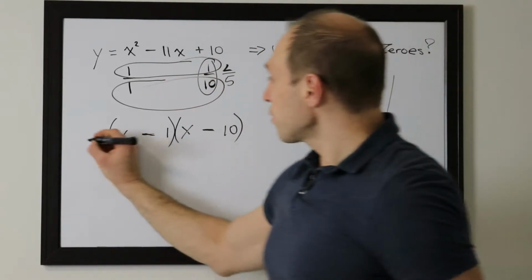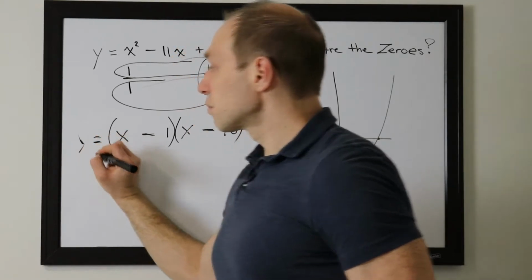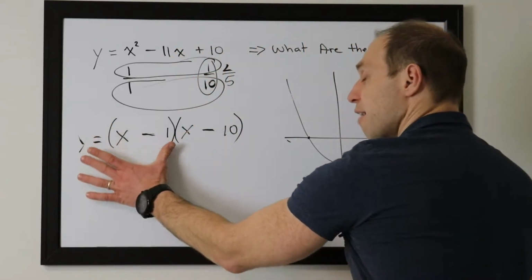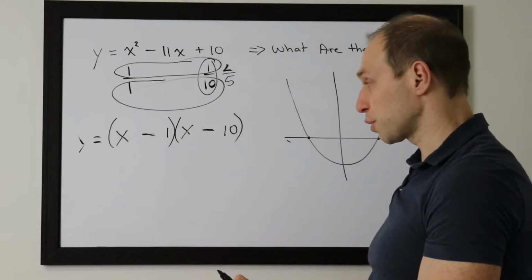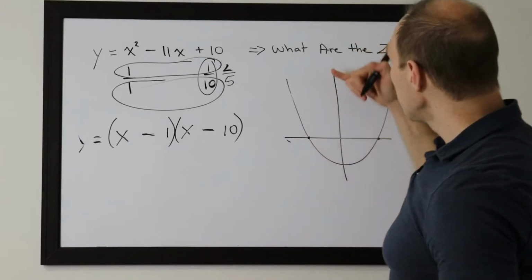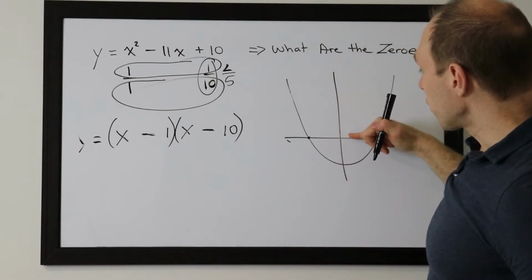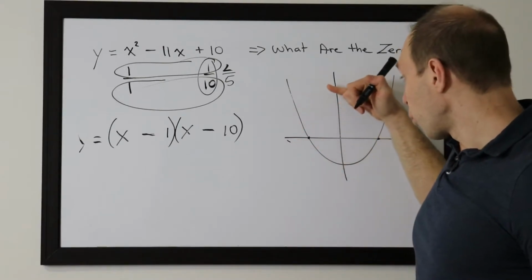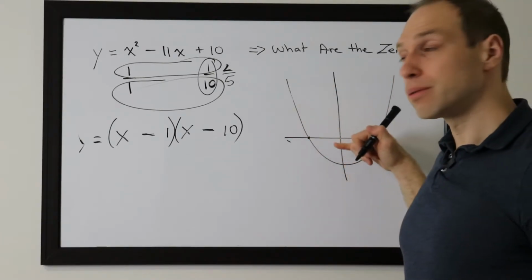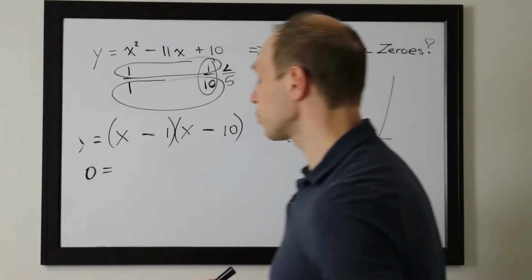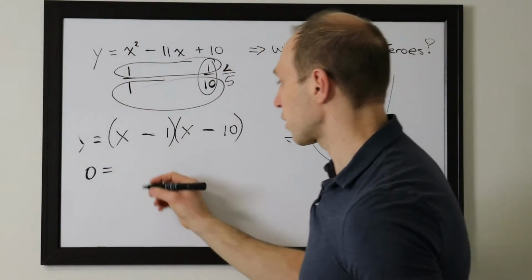And so once we have this, it's not over. What we need to do is look at every single bracket in this expression. So we're going to look at our first one first. Because we're looking at the point where our parabola crosses the x-axis, the value of y is 0. So essentially we're saying that 0 is equal to one of these brackets.